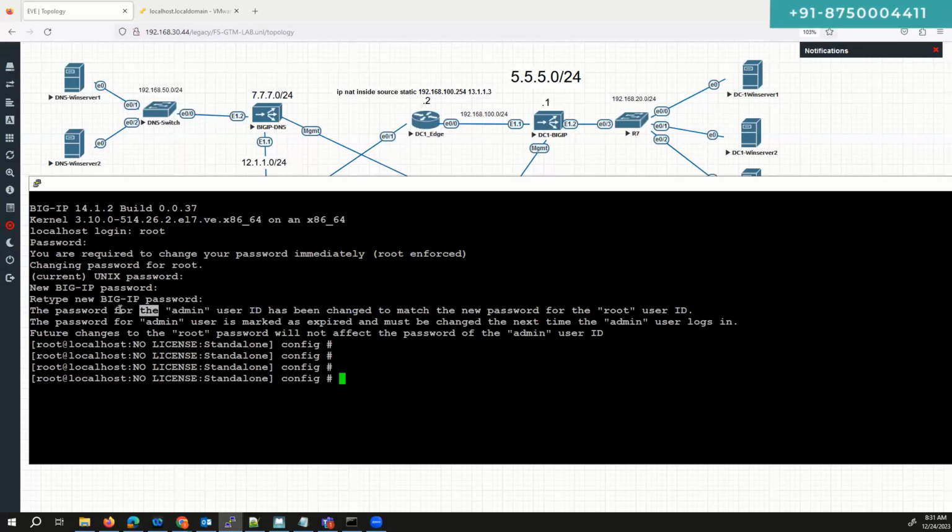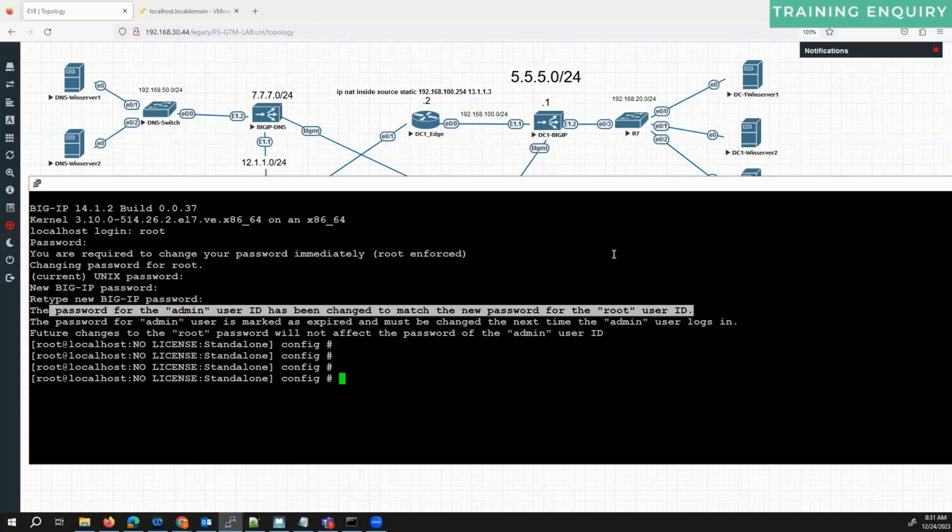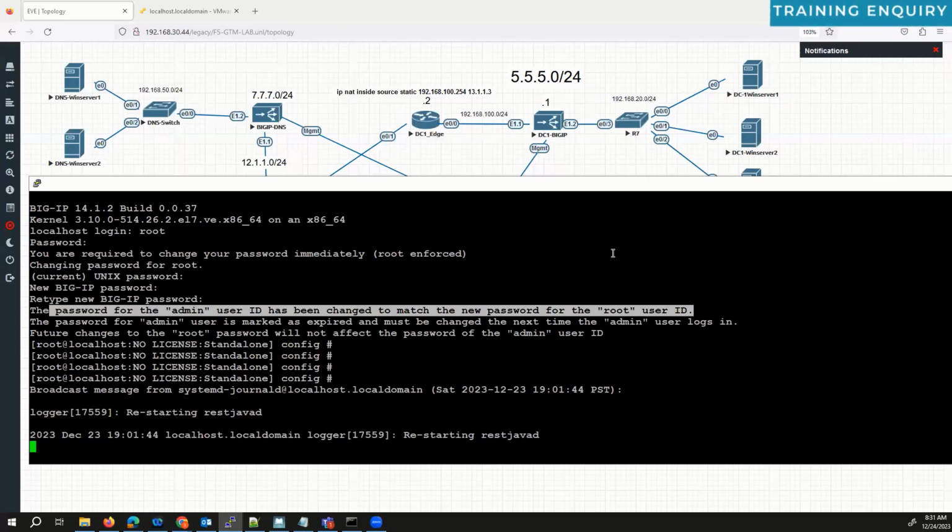If it was changed, then it will say that the password for the admin user ID has been changed to match the new password for the root user ID. So you need to read this statement a little carefully. The admin user ID we use for GUI access, that's the default user ID for GUI access, graphical user interface.